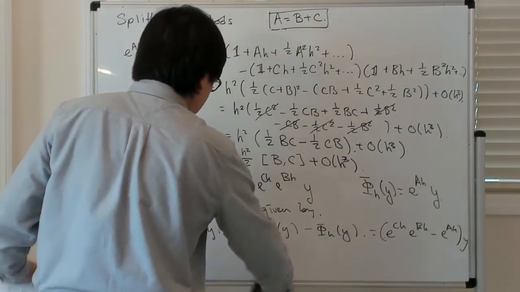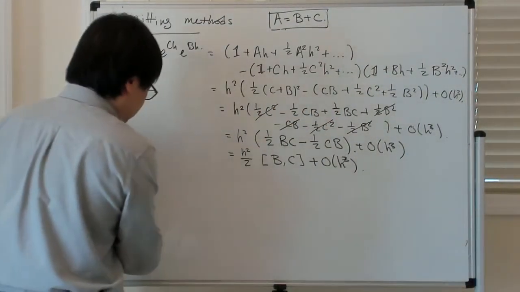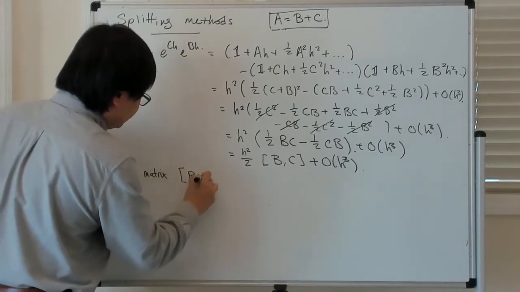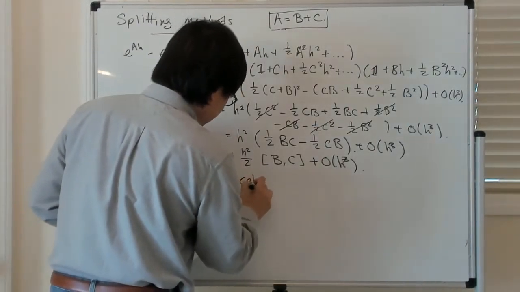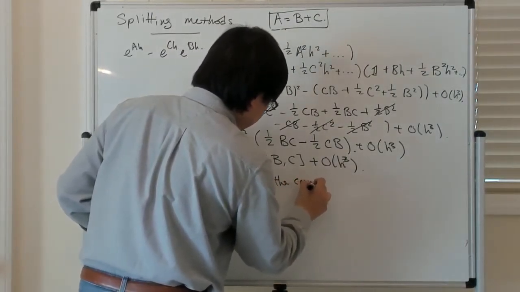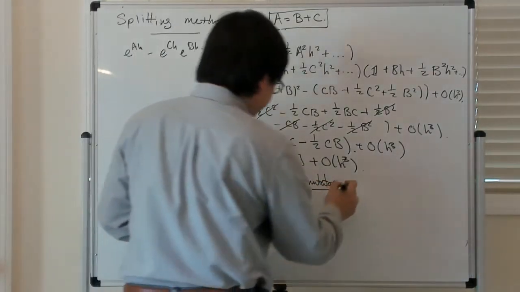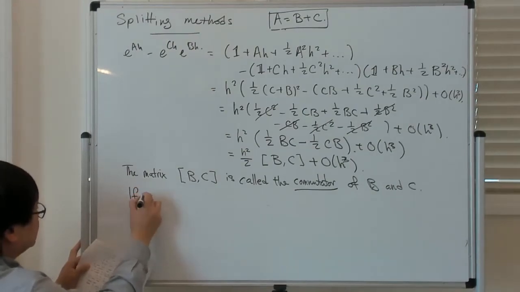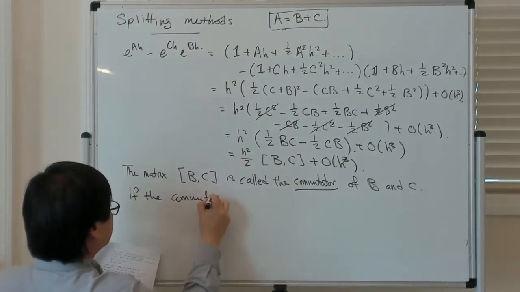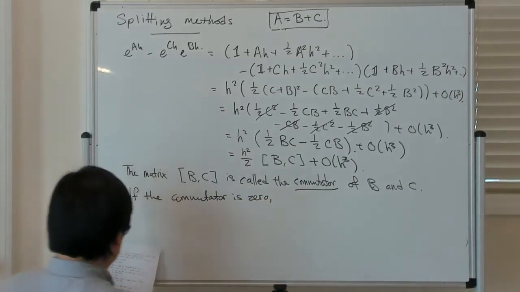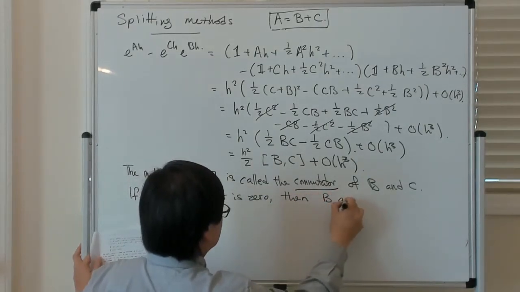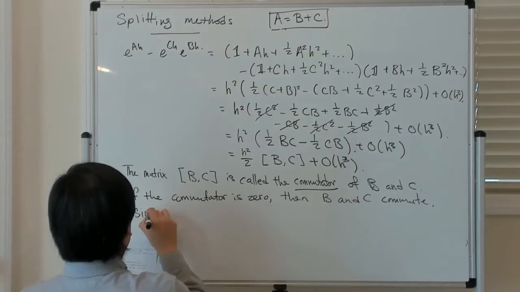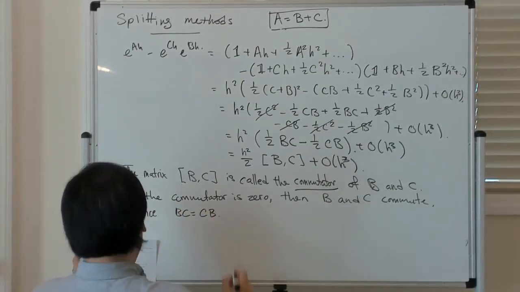Let me say a little bit about this. The matrix bracket of B and C is called the commutator of B and C. If the commutator vanishes, is zero, then B and C commute, since BC would be CB in the case where the two commute.